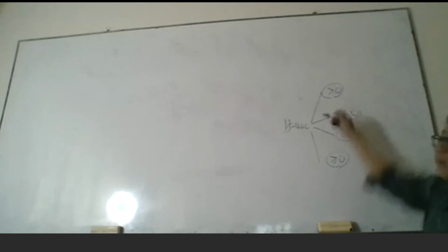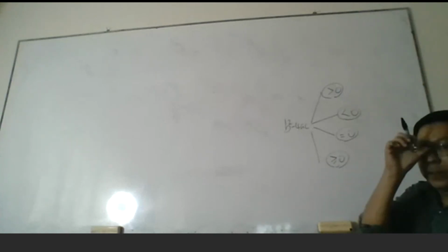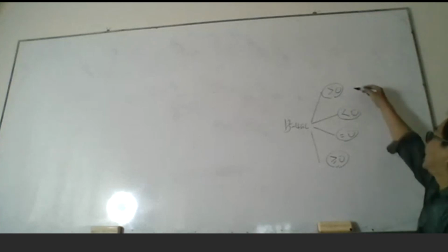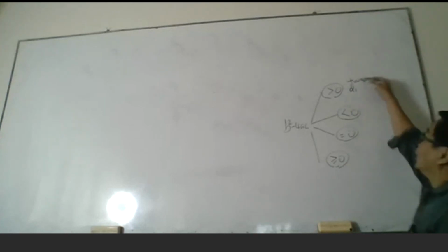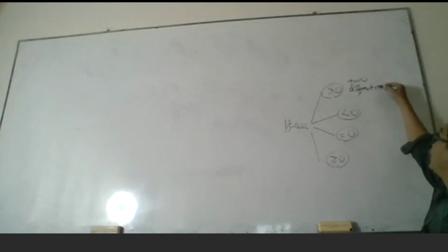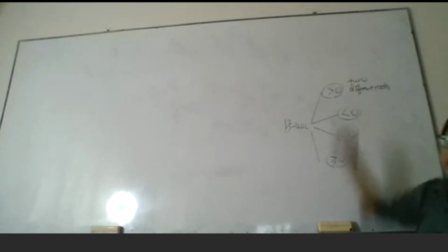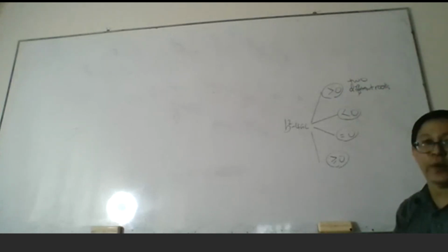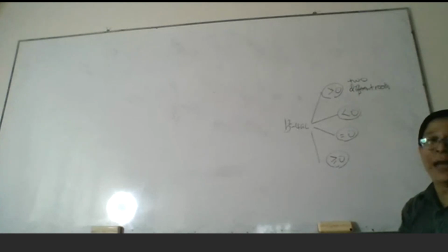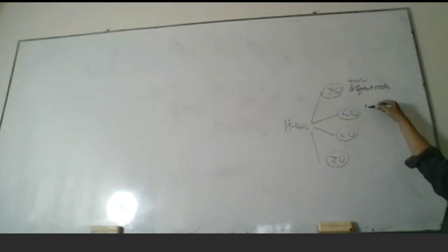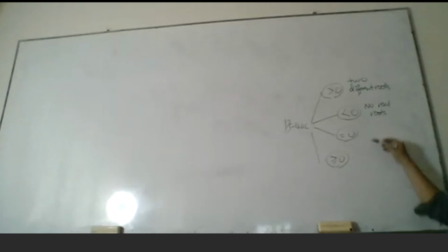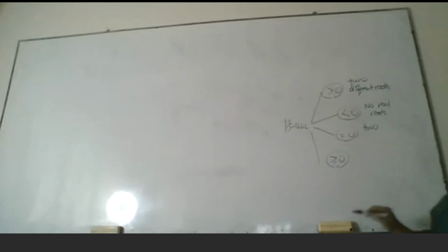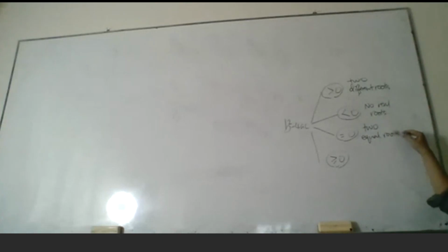If the quadratic equation has two different roots, then usually we use b squared minus 4ac to find the range of values of an unknown. Less than 0 means no real roots. Equal to 0 means the quadratic equation has two equal roots.